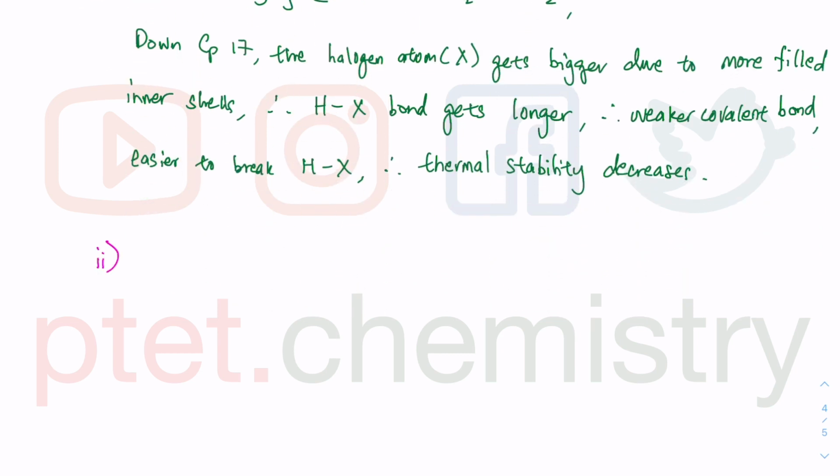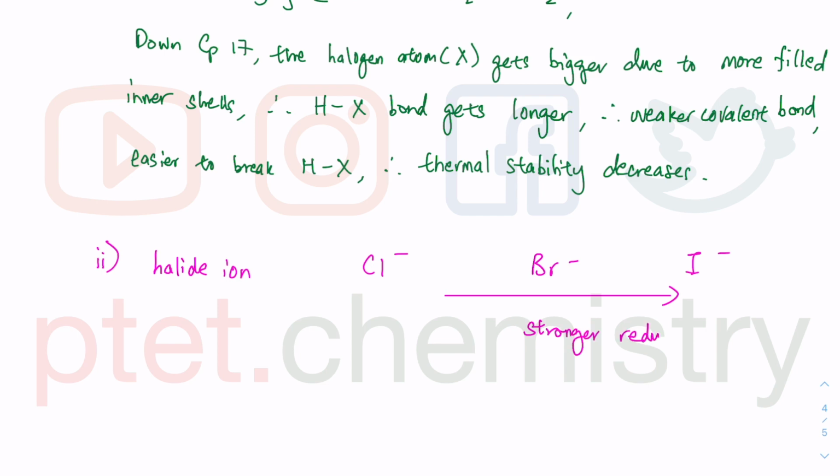Okay. Not too sure how good this is going at the moment, but we can think about the halide ions. The next part of the question, you have Cl minus, Br minus, and I minus. This is not given in the question, but as you know, iodide is a pretty good reducing agent, so that is a stronger reducing agent.